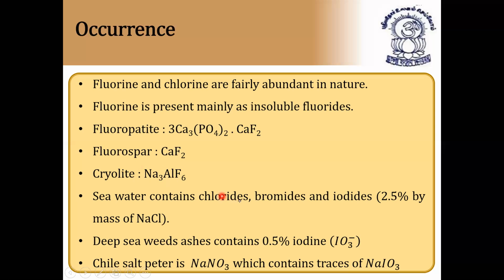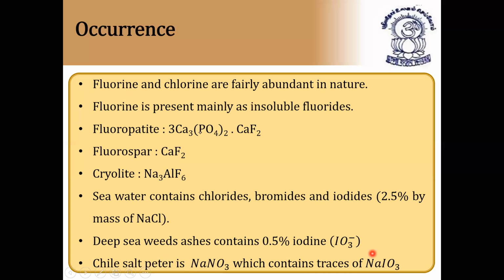Seawater contains chlorides, bromides, and iodides, with 2.5% by mass of sodium chloride. Since all these elements are present in seawater as their salts, that's why they are called halogens. Dry seaweed ashes contain 0.5% iodine in the form of iodate ion. Chile saltpetre, which is sodium nitrate, contains traces of sodium iodate.